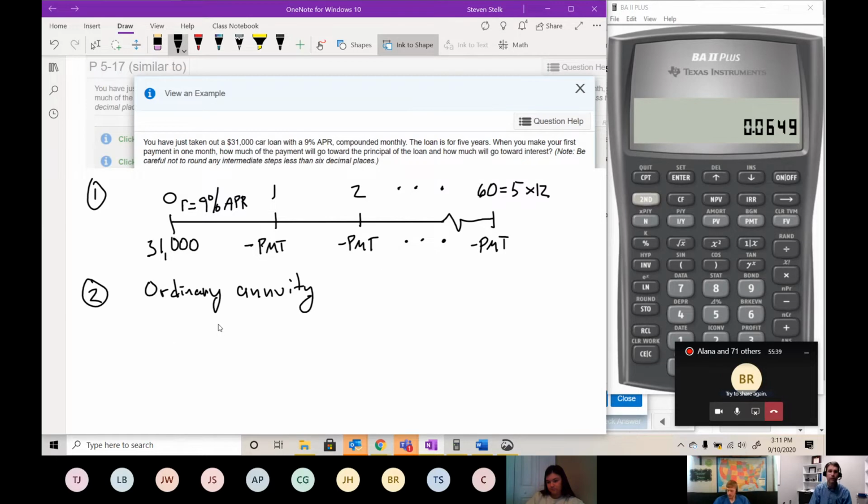Once we identify it as an ordinary annuity, there are two more things that we know. The first one is we can use the formula to find payment. Specifically, we can use the present value of an ordinary annuity formula.